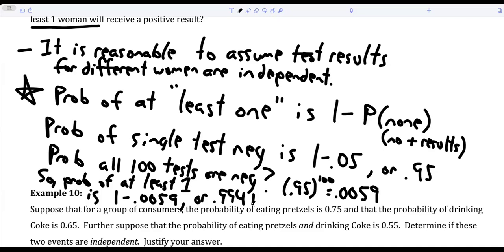Okay, so there's over a 99% chance that one of the women tested will get a positive result for chromosomal abnormalities. However, their pregnancy is considered normal.